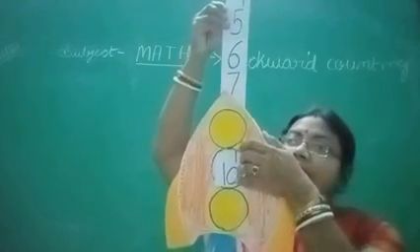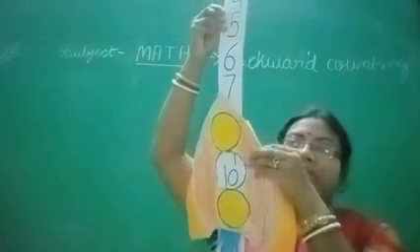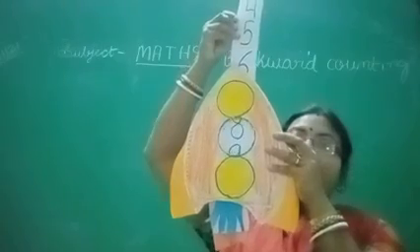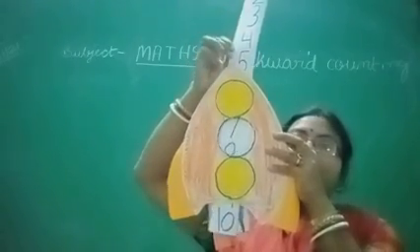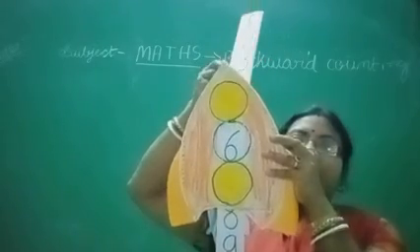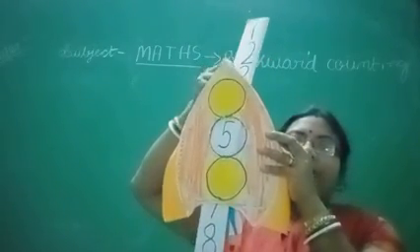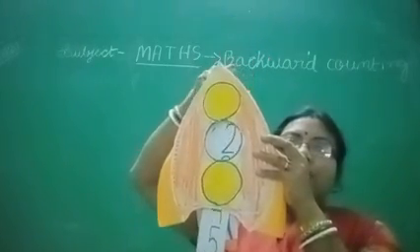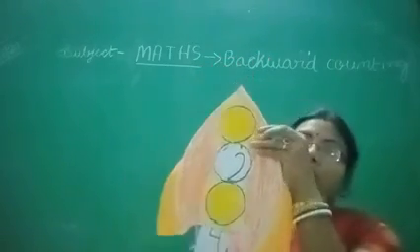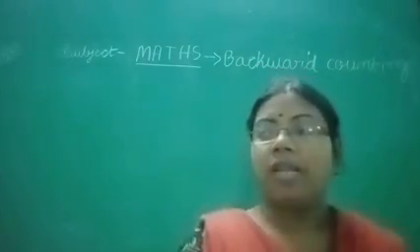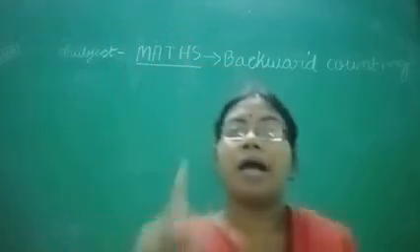Now we will come down. When we are coming down, we count 10, 9, 8, 7, 6, 5, 4, 3, 2, then 1. We came down.